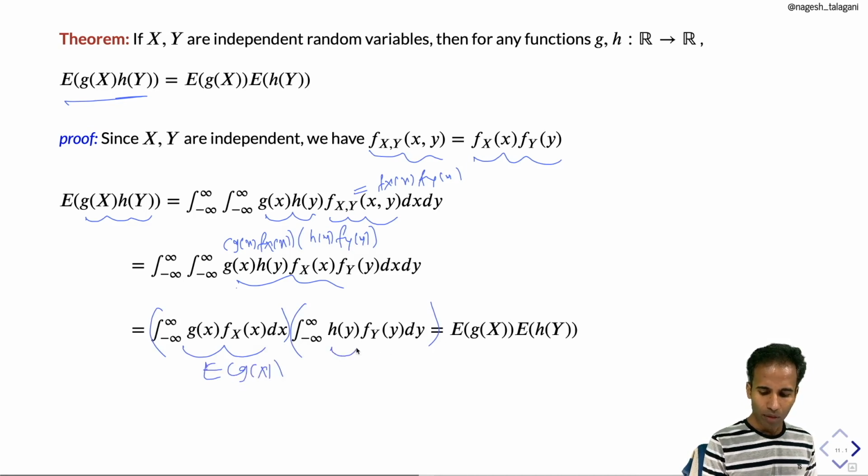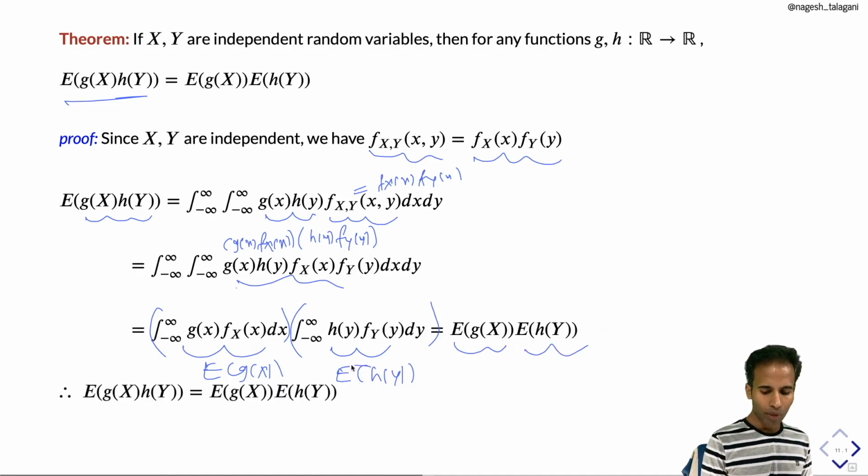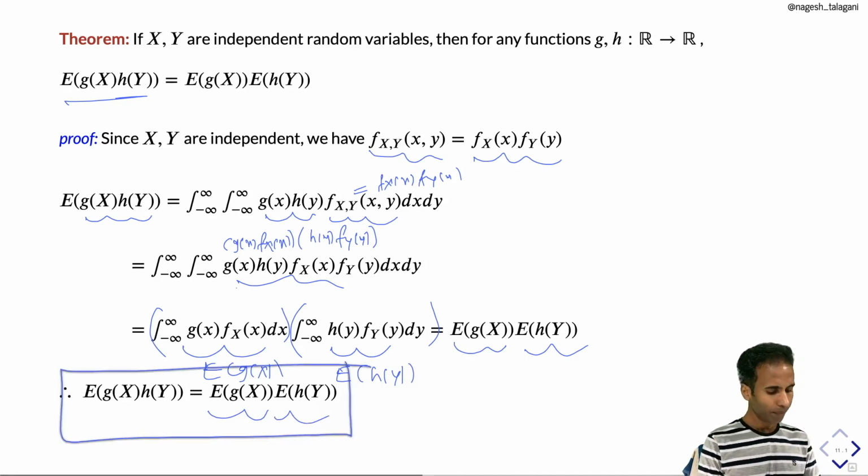This is nothing but the expectation of h of y. So therefore, the right hand side is what? Expectation of g of x times expectation of h of y. Therefore, we have the expectation of g of x times h of y equal to the expectation of g of x times the expectation of h of y when x and y are independent. Okay, fine.